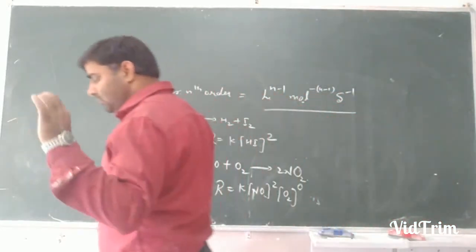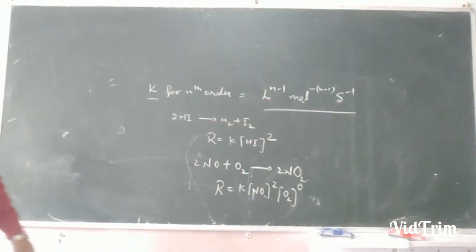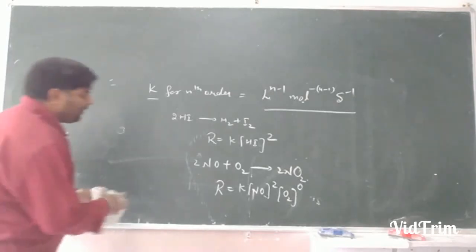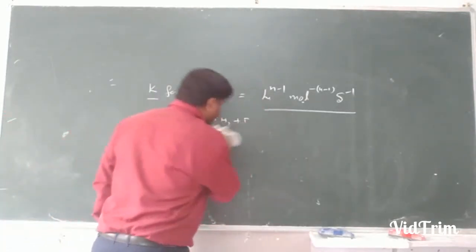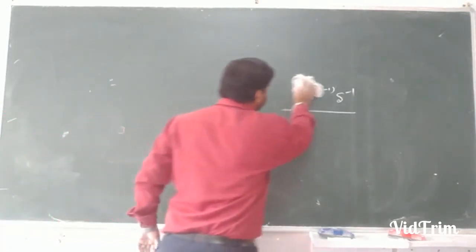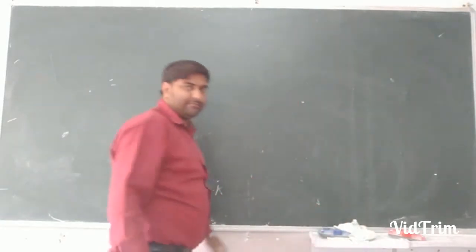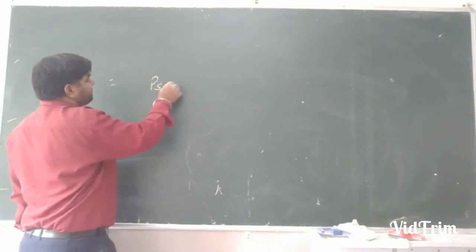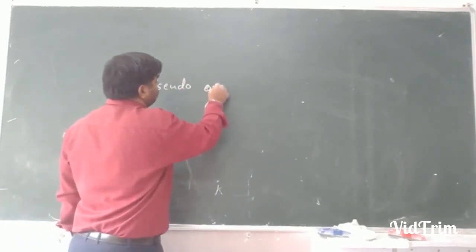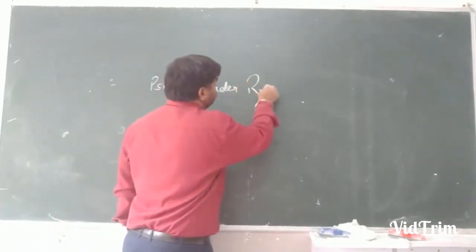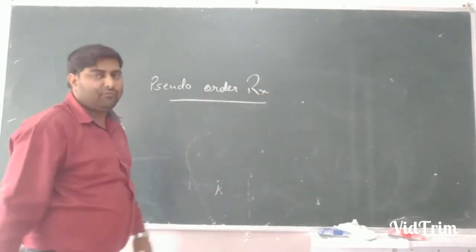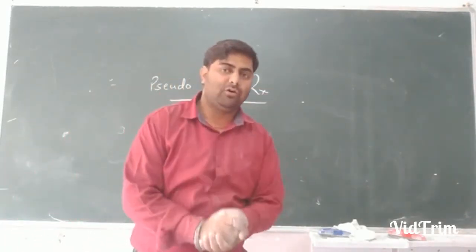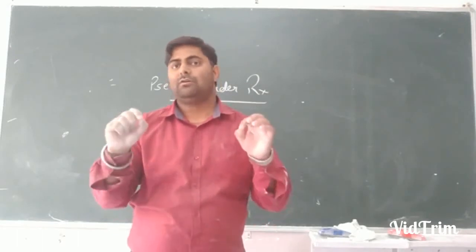Now, pseudo order reaction. Let's see what pseudo means. As from the name, it is clear, pseudo means false: false order reaction. Pseudo order reactions are those reactions which appear to be of higher order, but actually they are of lower order.